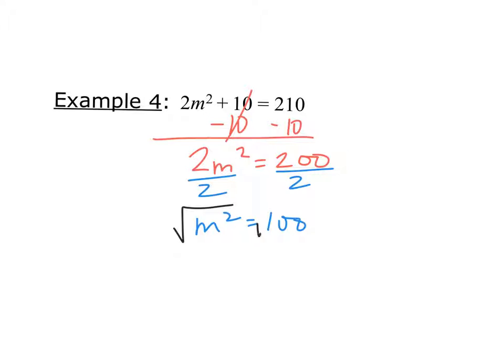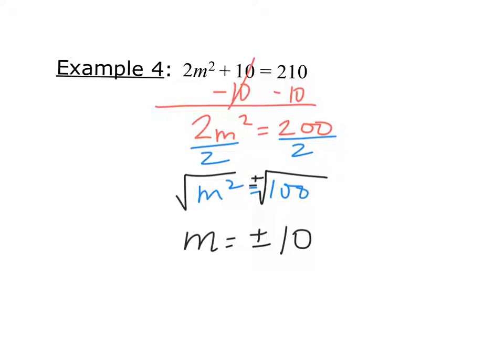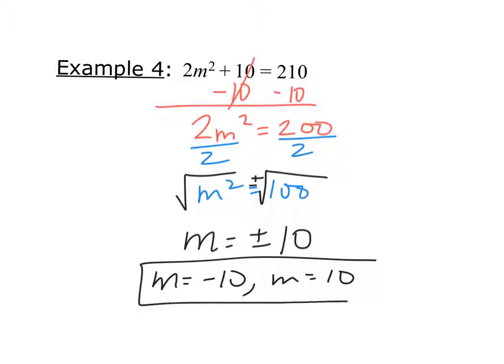And then to get m by itself, we got to take the square root. And don't forget your plus or minus. So m is plus or minus 10. You're exactly right. Just don't forget your plus or minus because we have to have m is negative 10 and m is positive 10. We gotta have both.